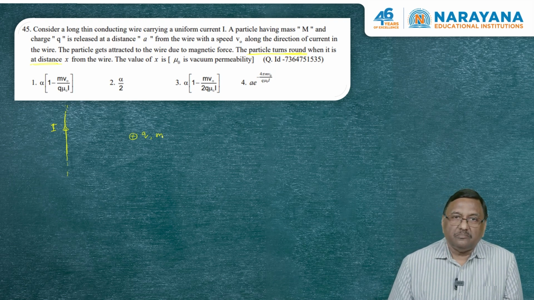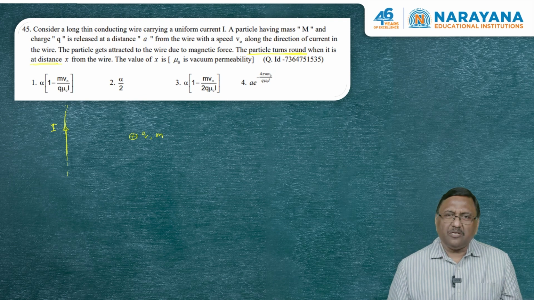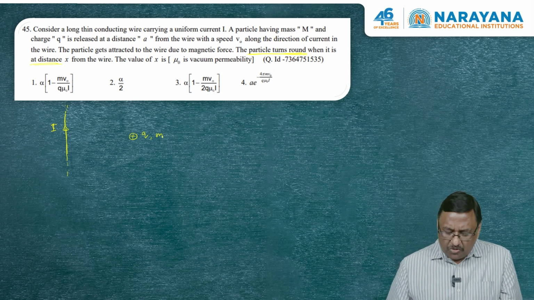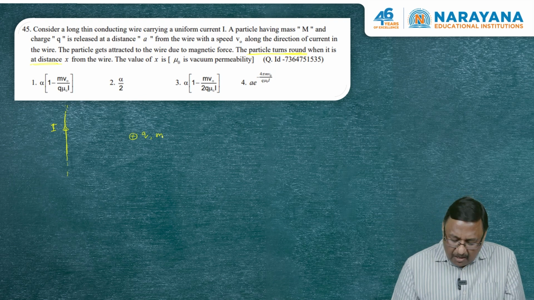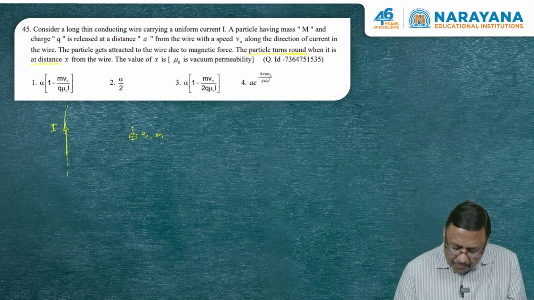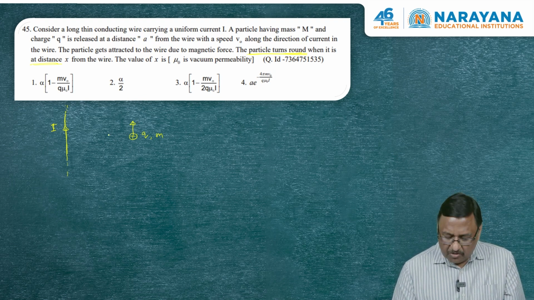I'm not following a very conventional method, because with conventional methods you get a very long solution. First of all, he is saying it is projected in this direction from the wire with a speed v0 along the direction of current.